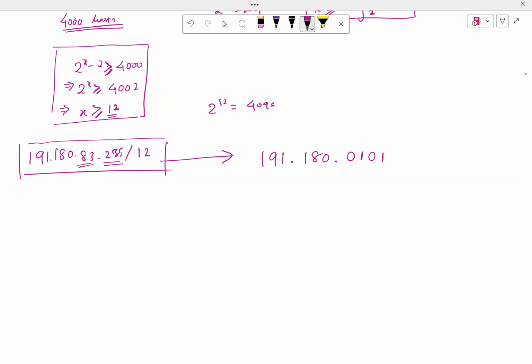We need 83, so 8 will be 0, 4 will be 0, then 1, 1. Okay. Then you have 235. What is the binary of 235? It is 127, 64, 32.